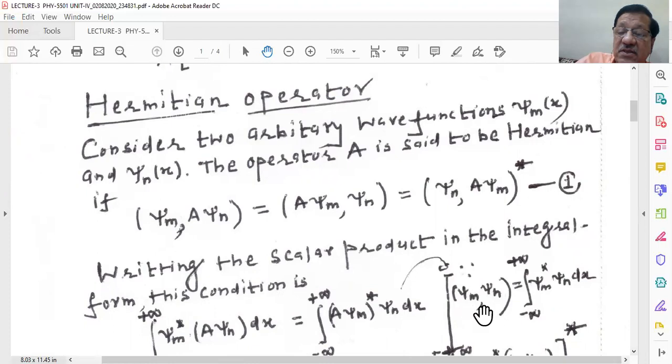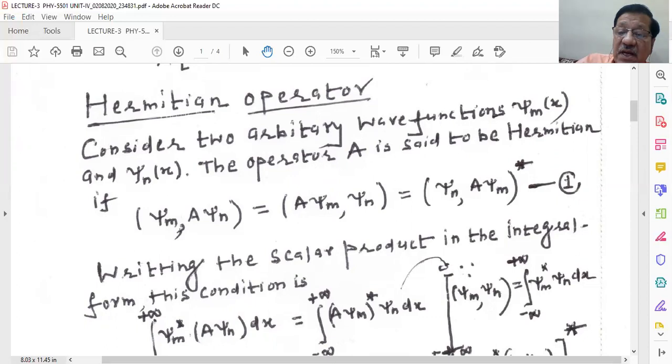This is the definition which we have studied, and you have used it in second year BSc also, right? You studied the Ehrenfest theorem and used the scalar product of two eigenfunctions. This is known as the integral form of the scalar product, and this is known as the bracket form of the scalar product.